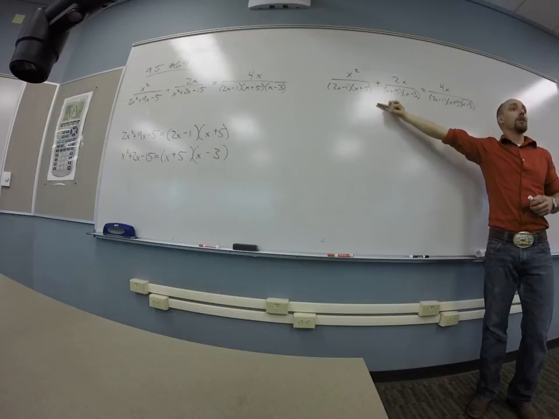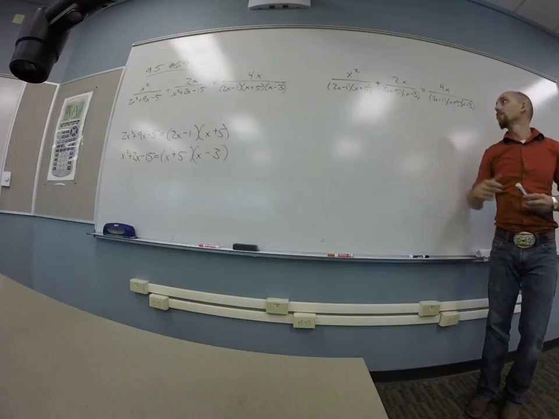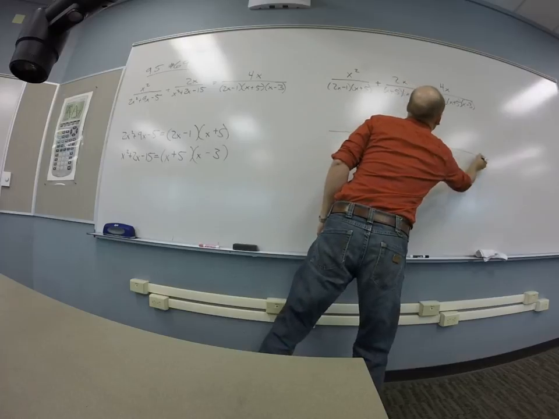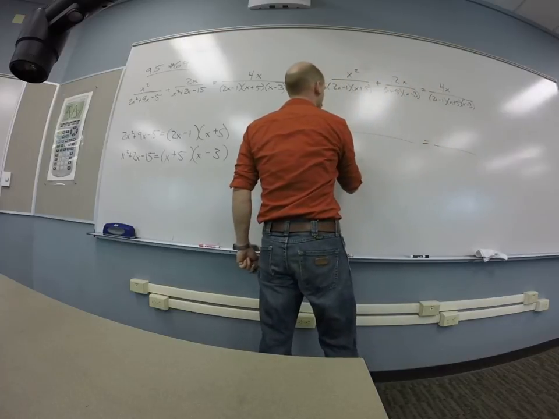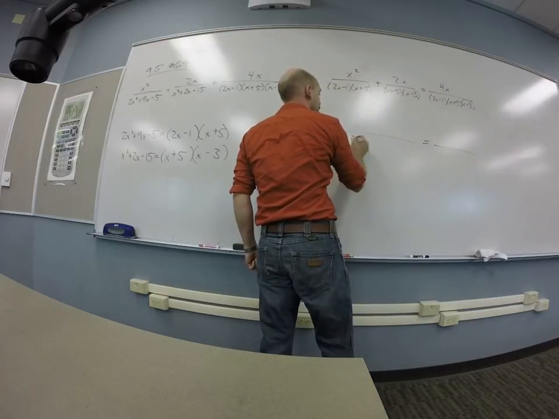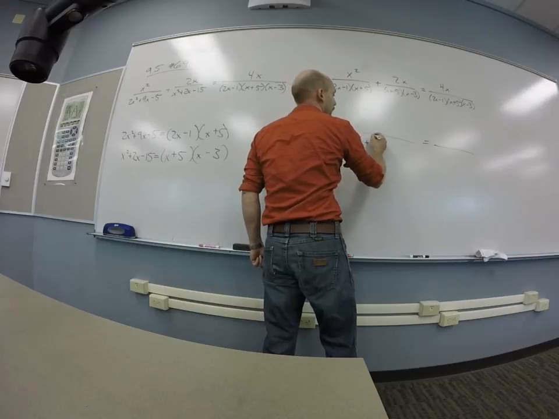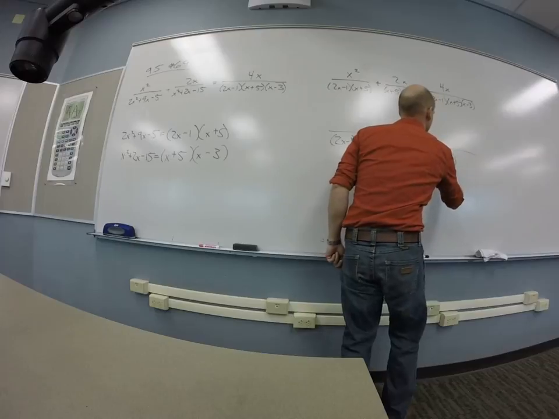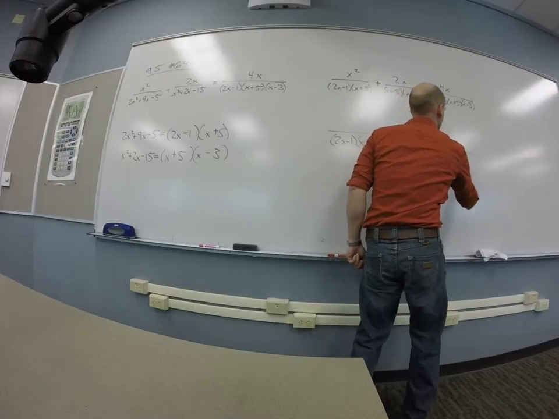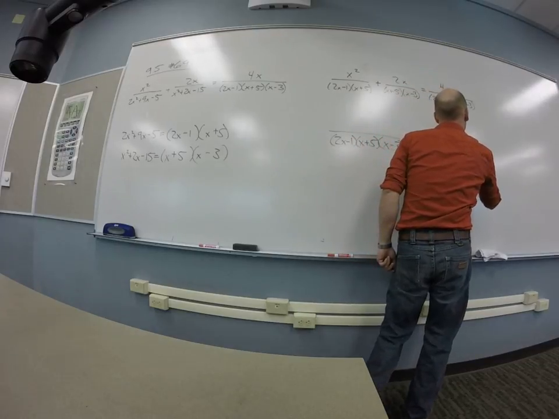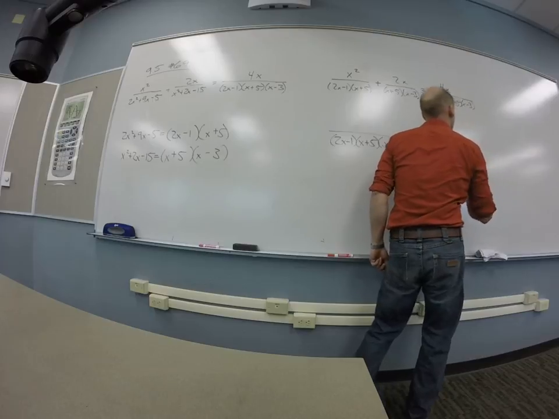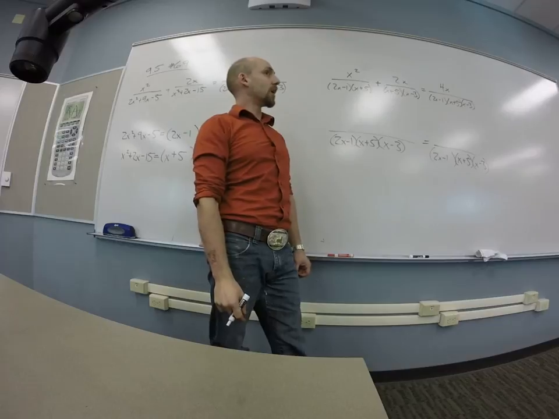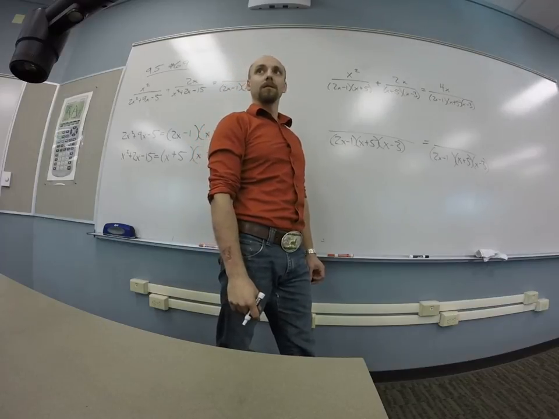That works here. So if we find the common bottom, everything here is going to be over this 2x minus 1 times x plus 5 times x minus 3, right? On the right-hand side, I already had that. So what's the top on the right-hand side? 4x.